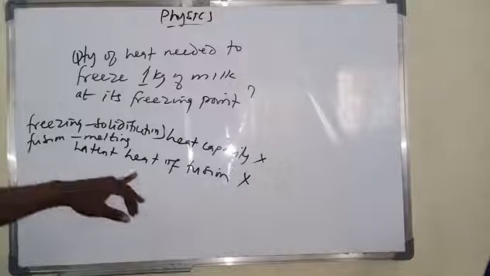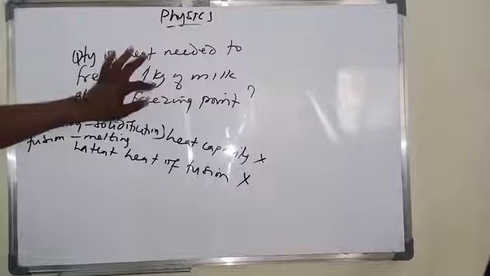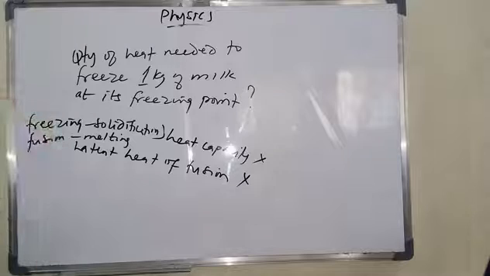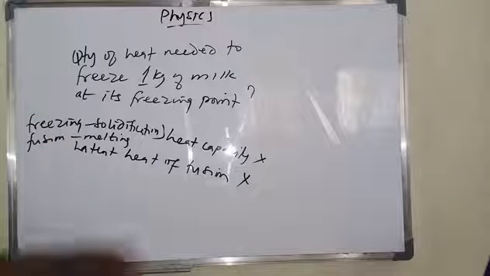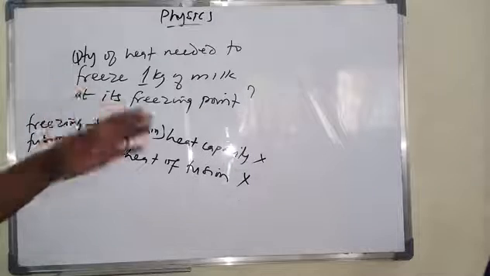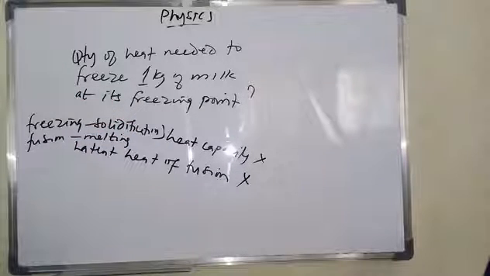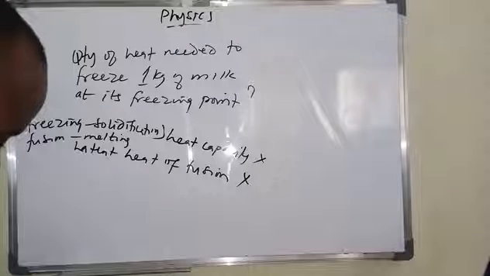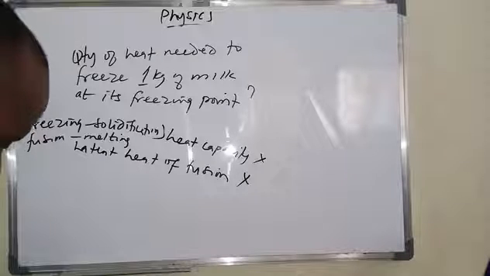Why it is specific and not just latent heat is because 1 kilogram is involved. Whenever it is about 1 kilogram, then specific has to come in the name. If the question had said the quantity of heat required to raise the temperature of 1 kilogram of milk, then that would have been specific heat capacity. So let's go with that. That's number 6 from this side.